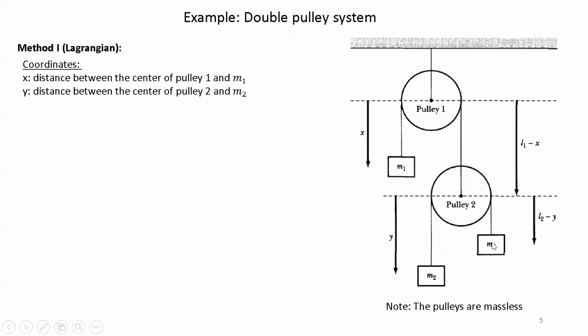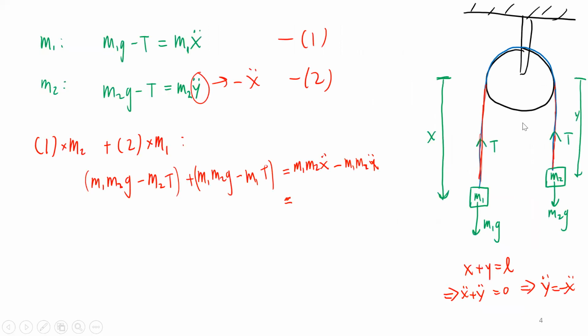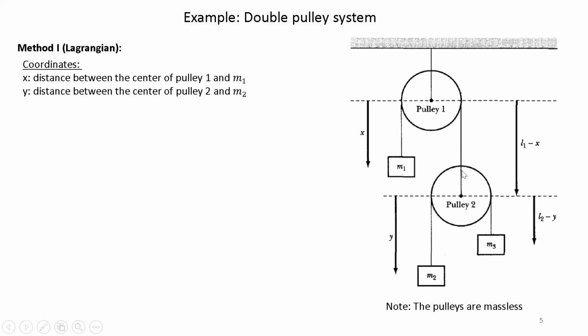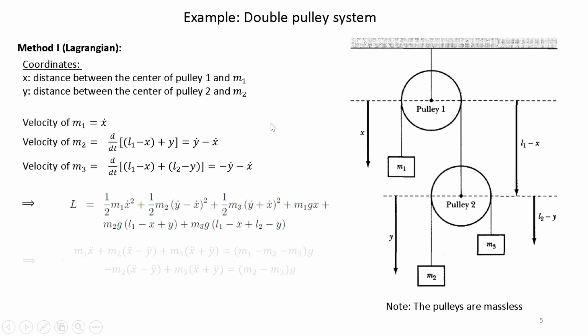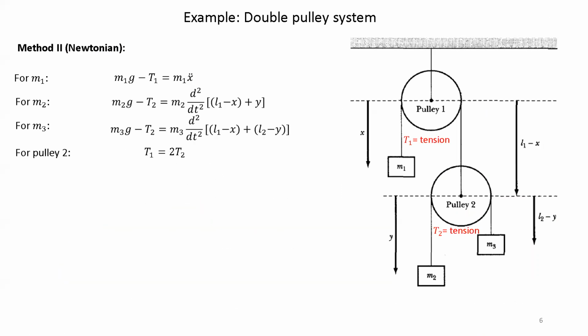It's more complicated than this one, because now you replace the right hand side with another pulley, and that other pulley further has two masses attached to it. Again, I will go through both ways, the Lagrangian and the Newtonian. But let's start with Newtonian first, because in the first introduction I also used the Newtonian.